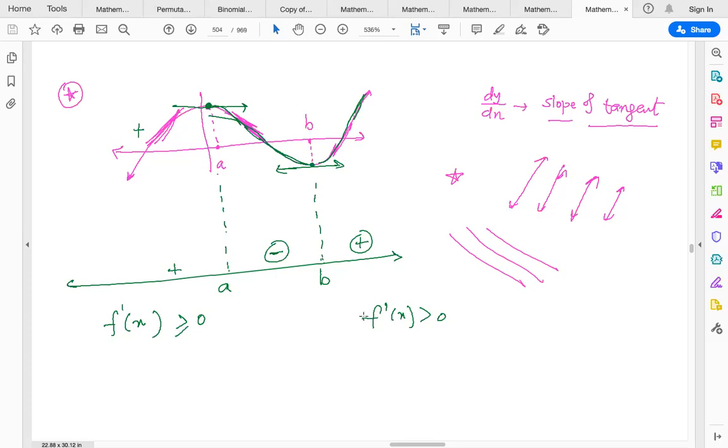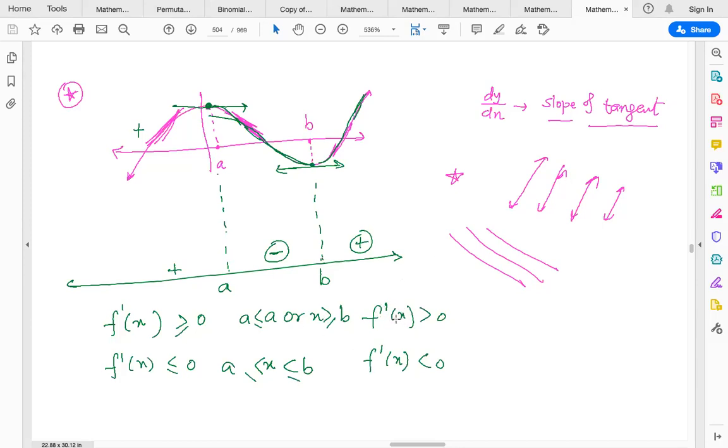If they say the word strictly increasing, then you don't include equals to. If f dash x is less than or equal to zero, it is called a decreasing function. If it is strictly decreasing, then f dash x will be less than zero. Remember that f dash x is the slope of the tangent. Here the function is increasing for x less than or equal to a or x more than or equal to b, and it is decreasing between a and b.